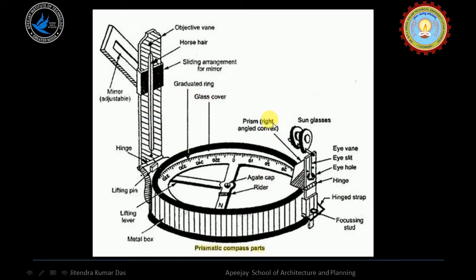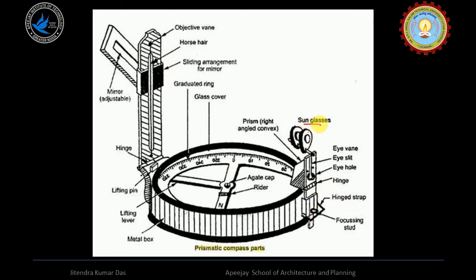Now in detail, you can see the construction, how it is generally made by different companies, and this is the basic form generally available in the market of any prismatic compass.